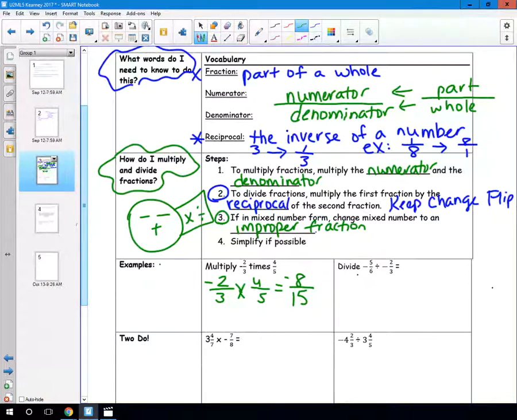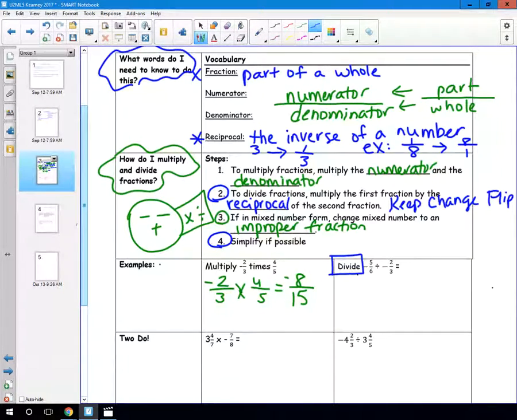That's your very first step. You want to always look, and if you see any mixed numbers, change them to improper fractions before you multiply or divide. Okay, that's the first thing you should check for. And then the last thing is we're simply going to simplify if possible.